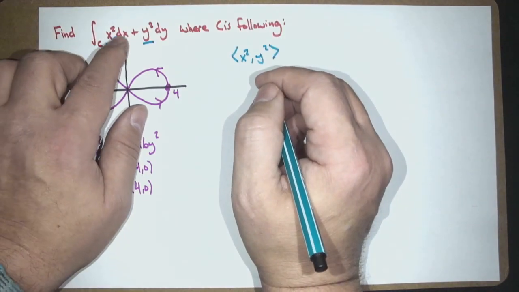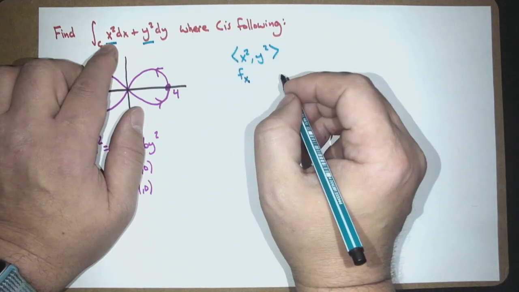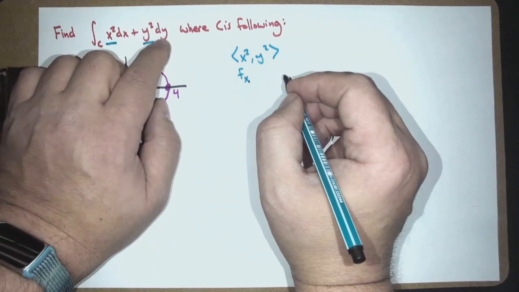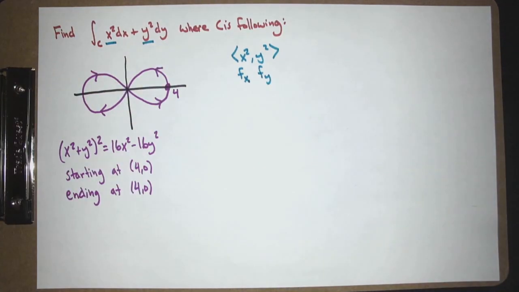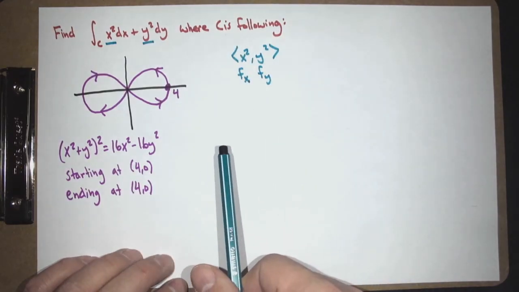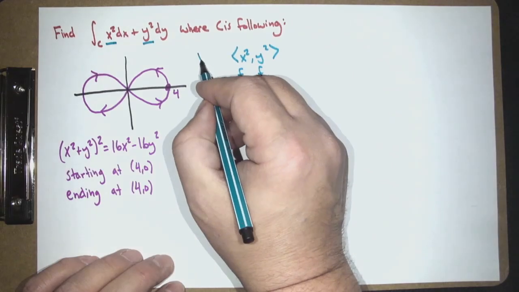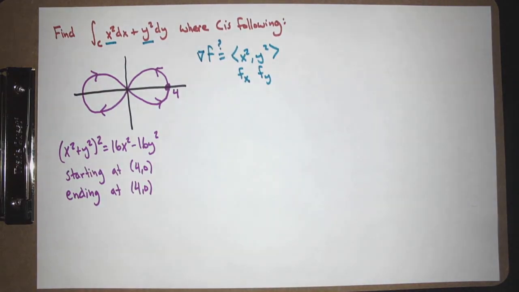And notice, what's in front of the dx really should be the derivative of f with respect to x. It's not a coincidence that it's attached to the x. And what's in front of the dy is the derivative with respect to y. So we're looking for some function, fingers crossed, where when we take the derivative with respect to x, we get x squared, and when we take the derivative with respect to y, we get y squared. Can we think of a function that does that?